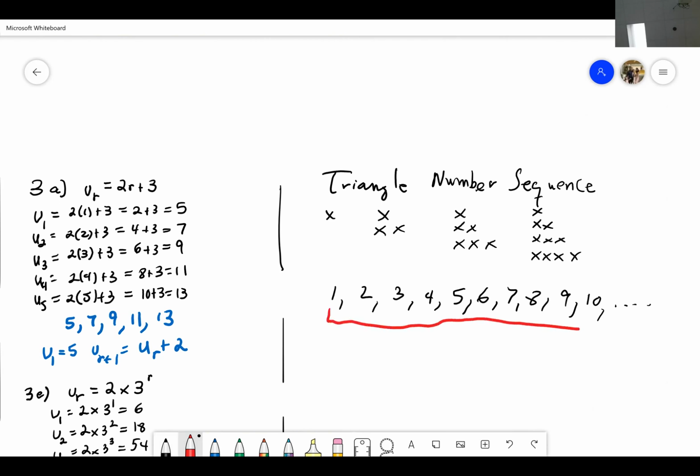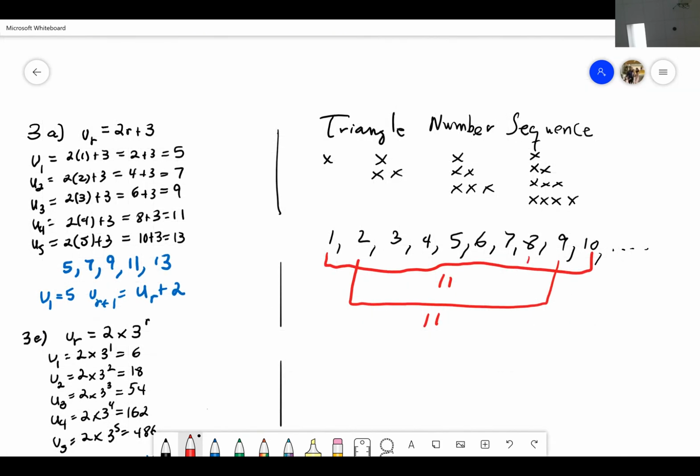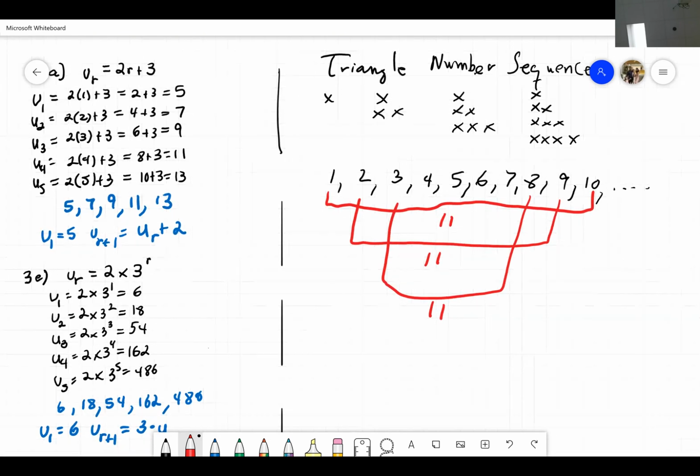One plus 10 is what? 11. And what's 9 plus 2? 11. And how about 8 plus 3? And how about 7 plus 4?